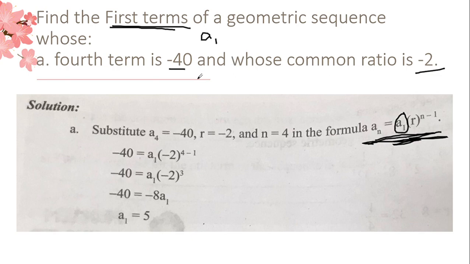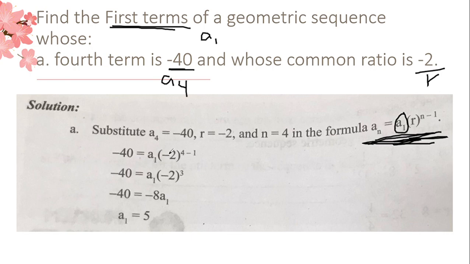So, ang given nga naa ta kay ang fourth term, ang fourth term nato is negative 40. So, mao na ang a sub 4, negative 40. Ang ato common ratio is negative 2, mao ni ang ato r. Okay, so atong gipangita si first term. So we will use this formula, a sub n is equal to a sub 1 times r to the power of n minus 1.